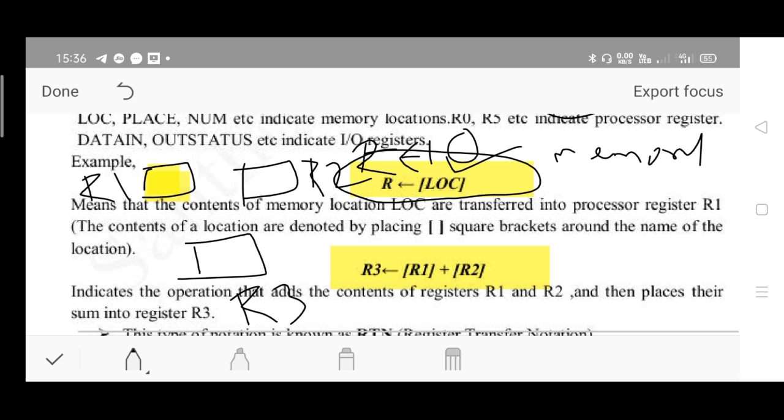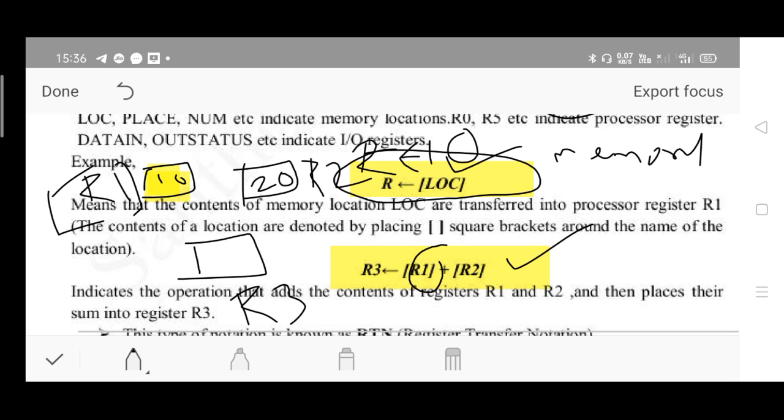Once again, the bracket stands for access its content. Let R1 contain 10, R2 contain 20. Please try to understand. The content of R1 is the integer value 10. The content of R2 is the integer value 20. So what does this stand for then? Access the content from R1.